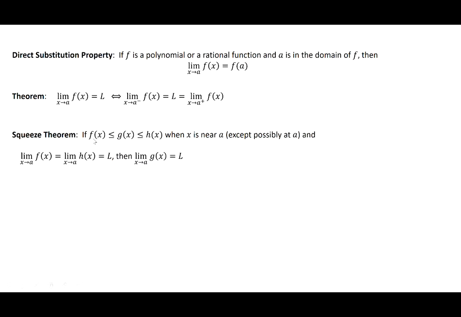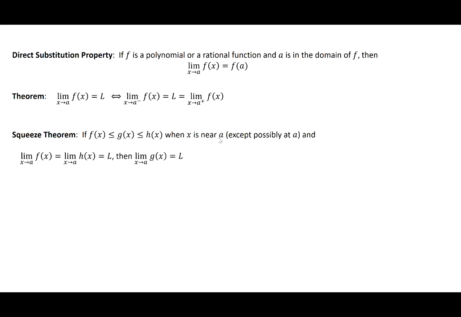Let's say we have f of x being less than or equal to g of x, which is less than or equal to h of x, when x is near a, except possibly at a, right? Far away from a, what exactly is the behavior of f, g, and h? Yeah, we are not worried about it. What we are focusing on is right around a, meaning in the neighborhood of a.